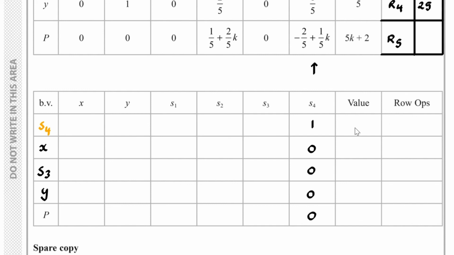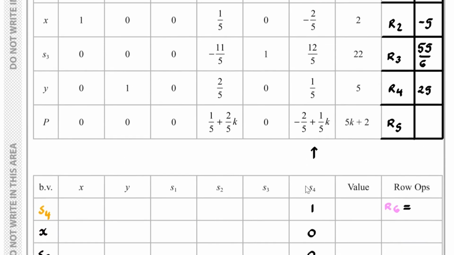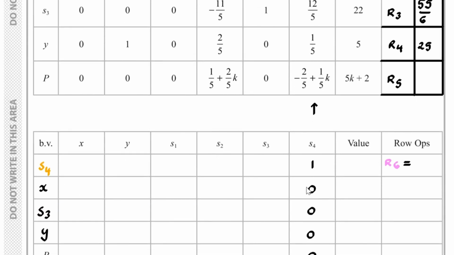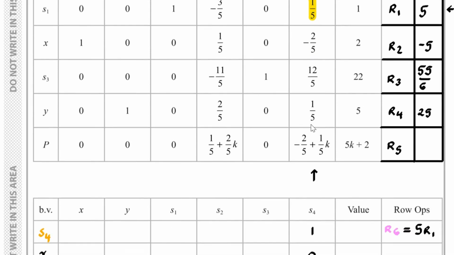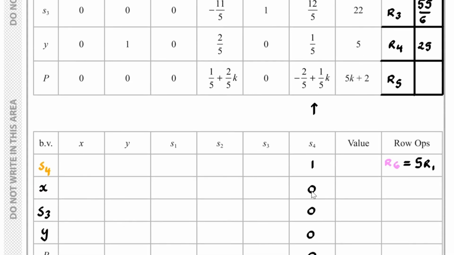Now, because this is our pivot row, we will label this as R6. And to work out R6, this is equal to, well, to go from the 1/5 to the 1, we need to divide by 1/5, which is the same as multiplying by 5. So we have 5R1. Now, instead of a minus 2/5, what we want is a 0 instead.